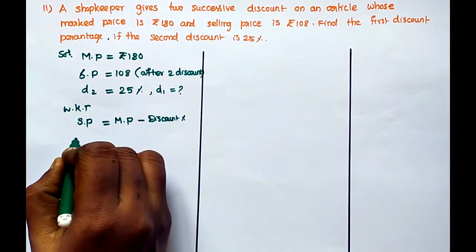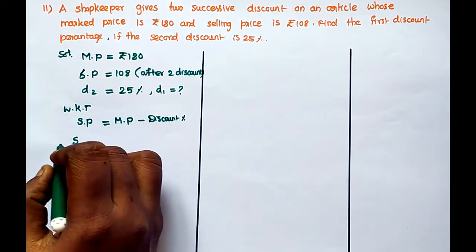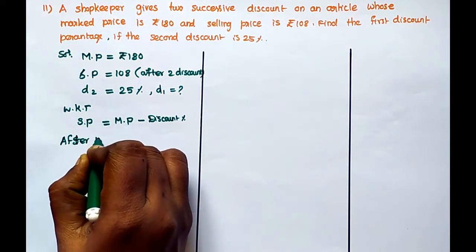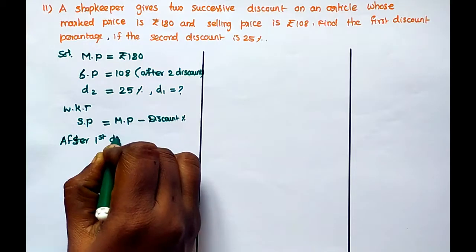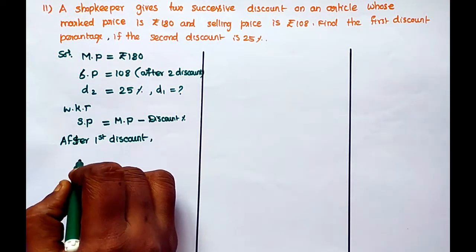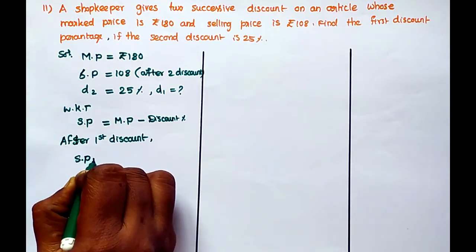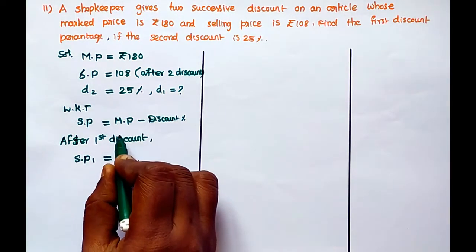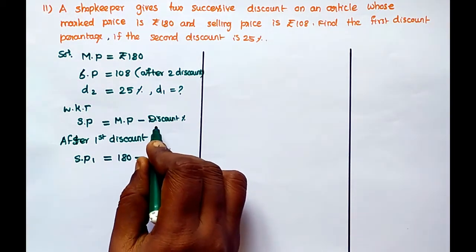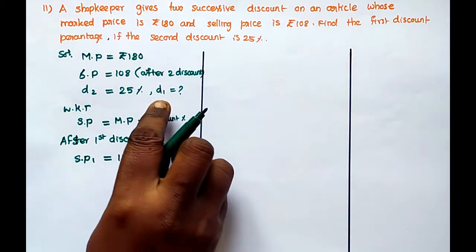Now listen, after the first discount, that is selling price 1 equals mark price 180 minus discount percentage, we don't know, D1.